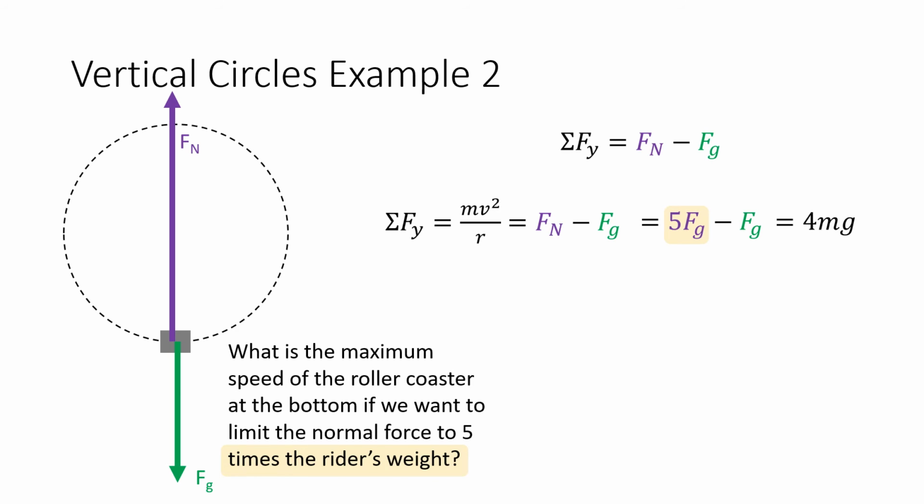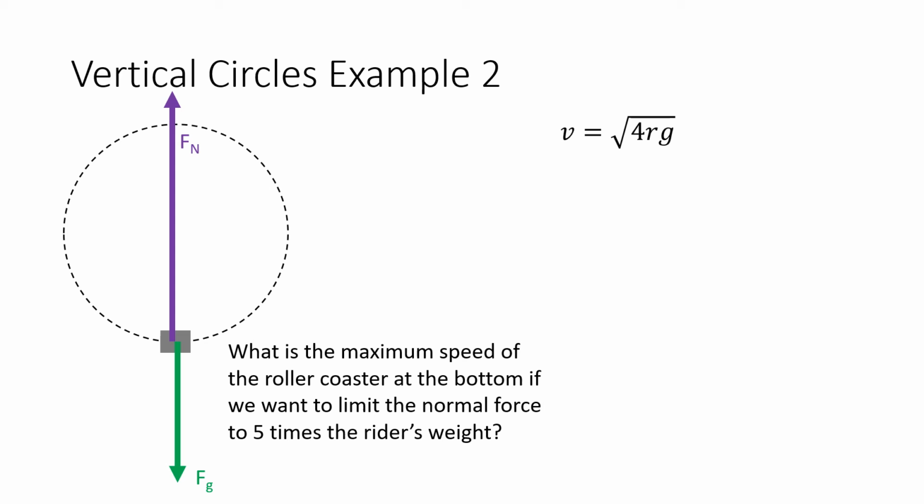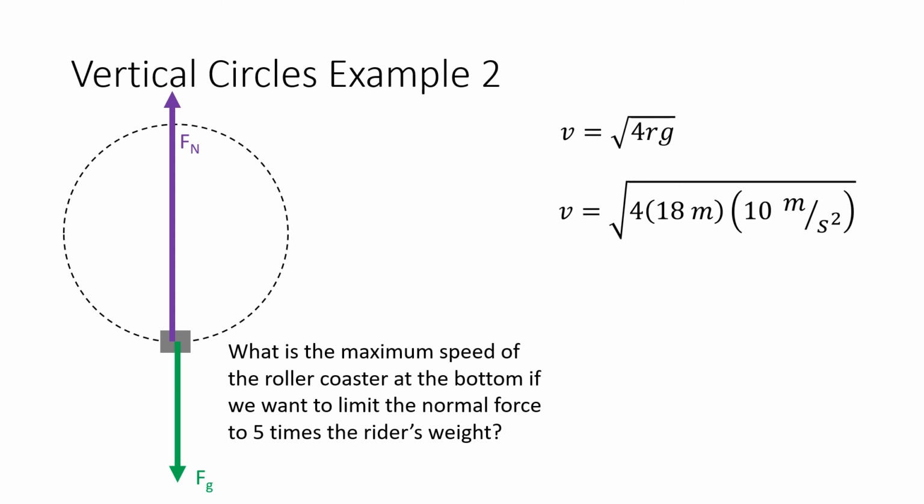If I do a little subtraction there, that would give me 4mg. So we need mv squared over r to be 4mg, and that'll tell us the maximum that this speed can be. The m's cancel out, same for all the riders. And so I get v equals the square root of 4 r times g. If we substitute in those numbers, again, 18 meters for our loop radius, we get a velocity of about 27 meters per second.